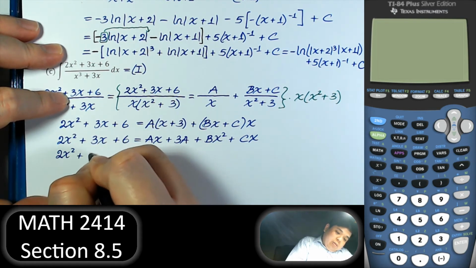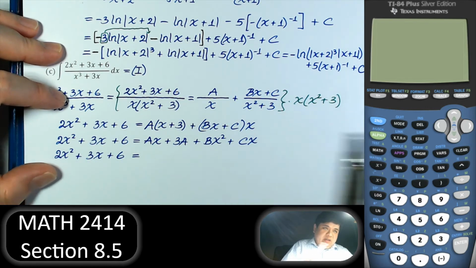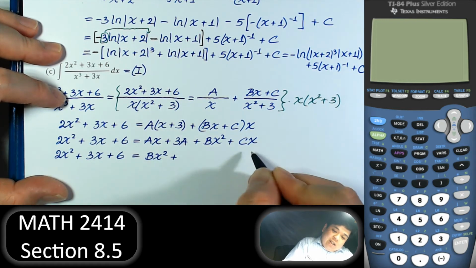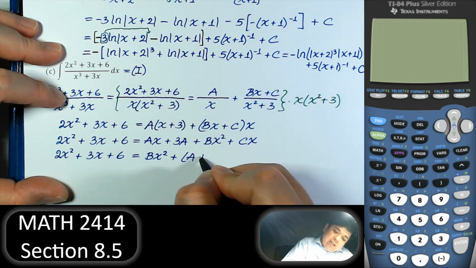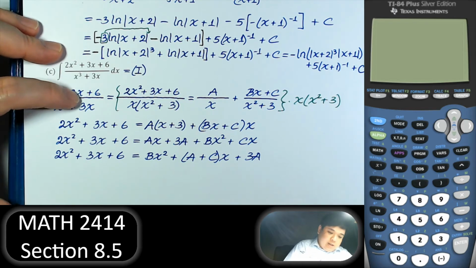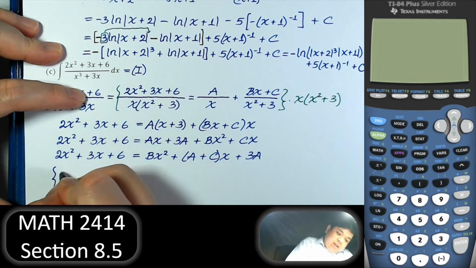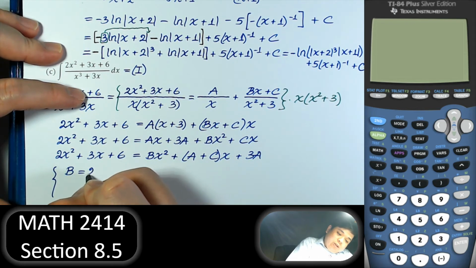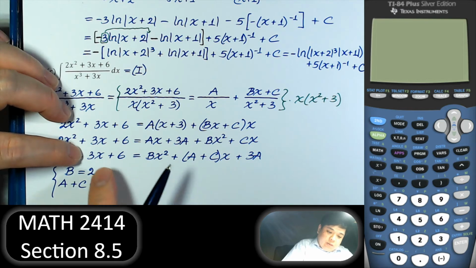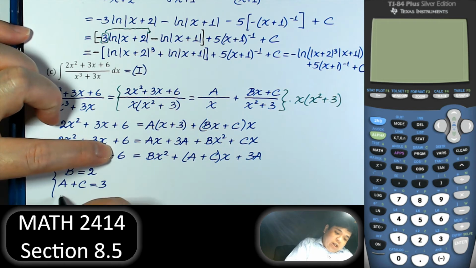x squared plus 3x plus 6. Now we don't even need to color code this because it's only 4 terms: bx squared, then a plus cx, and 3a. So the x squared coefficients must be the same, so b equal to 2? The coefficient of x has to be 3, and 6 must be equal to 3a.